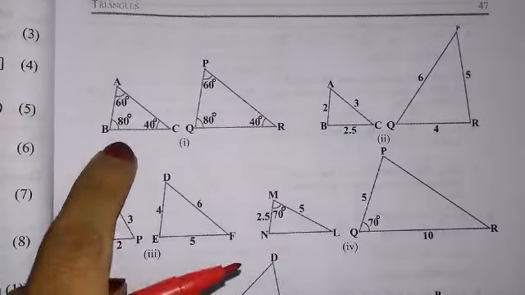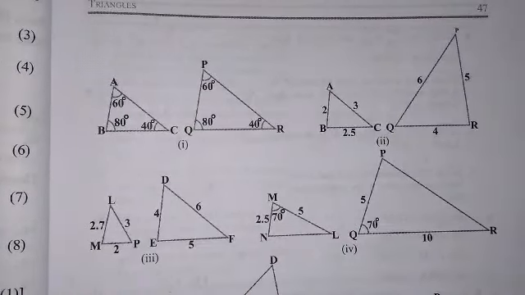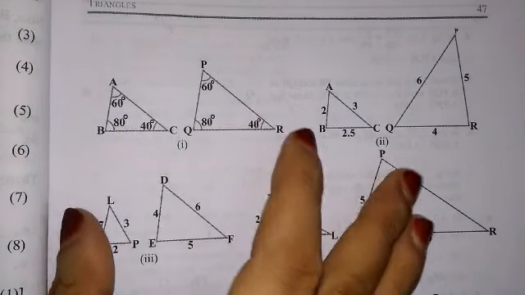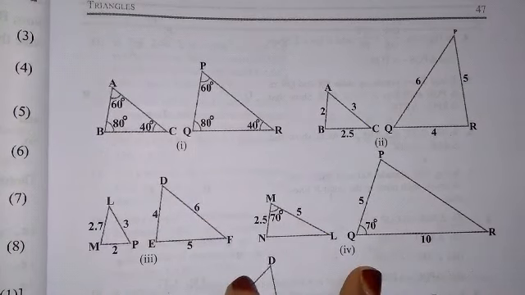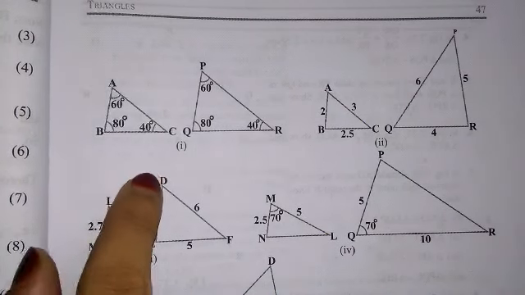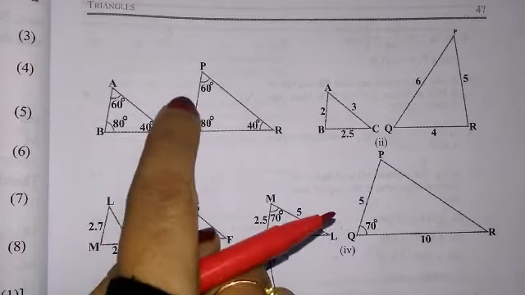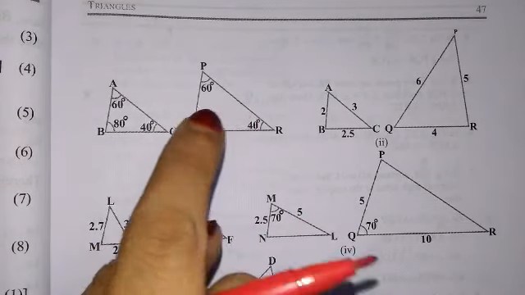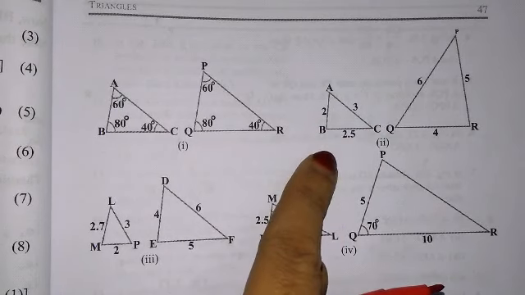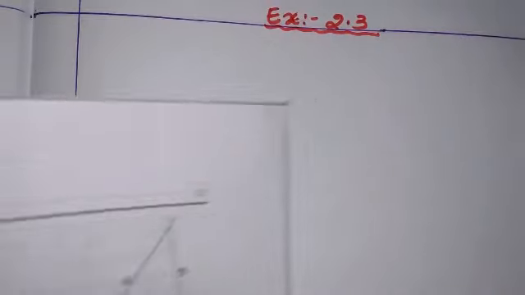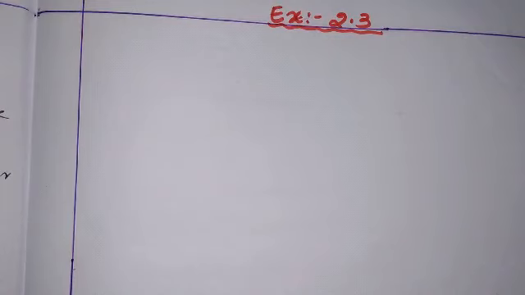See, these are the questions they have given, 1, 2, 3, 4, 5, 6. So 6 questions are there. We have to find whether these triangles are similar or not, and if it is similar, by what it is similar. For example, we know that if two corresponding angles are equal, then they are similar. If corresponding sides are in proportion, then they are similar. Let us check one by one.